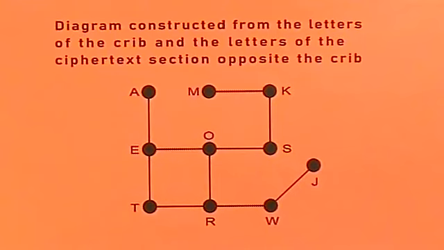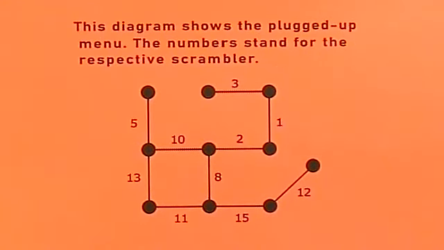On this sheet, the diagram is shown with the letters at its corner points. In this same diagram, instead of the letters, I have written the numbers of the scramblers among which the permutations take place.